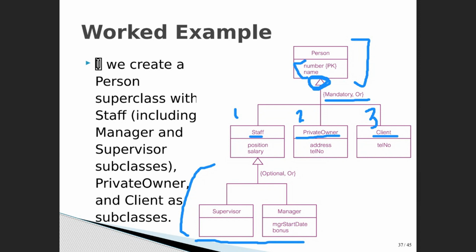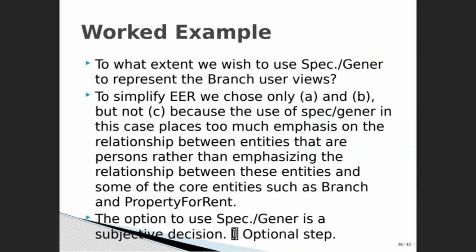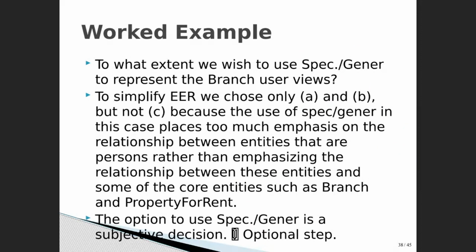So or means it's a member of only one subclass, not all. Mandatory means it must be a member of one of these. We can also change this to owner, and then have private owner and business owner. So that's the meaning of adding more semantic information to the ER model.